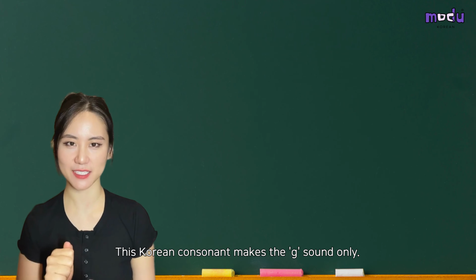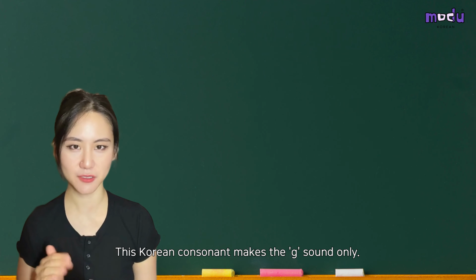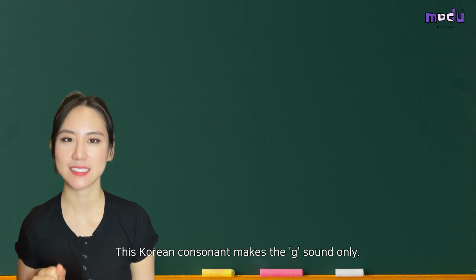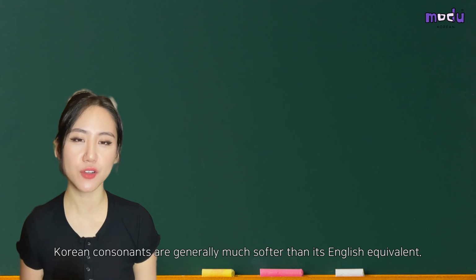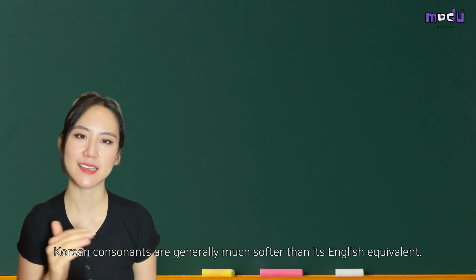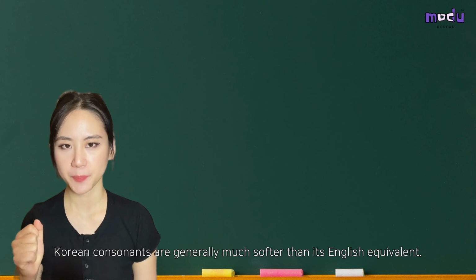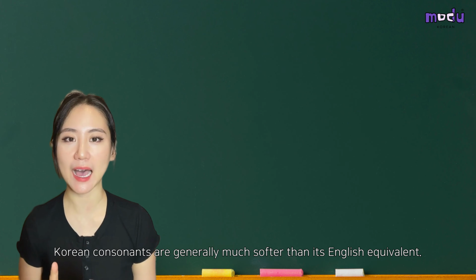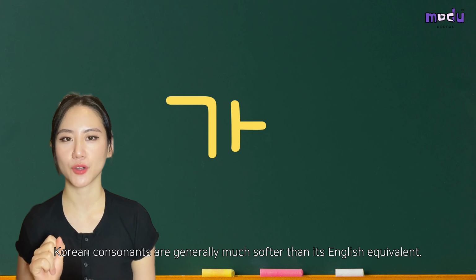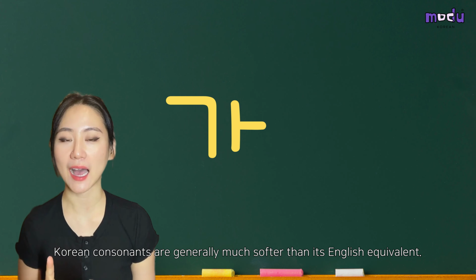So this character, this right angle, is the G sound. Korean sounds overall are much softer than the English equivalent. So when we are saying the G sound, let's add it with the R vowel. That will go ka.